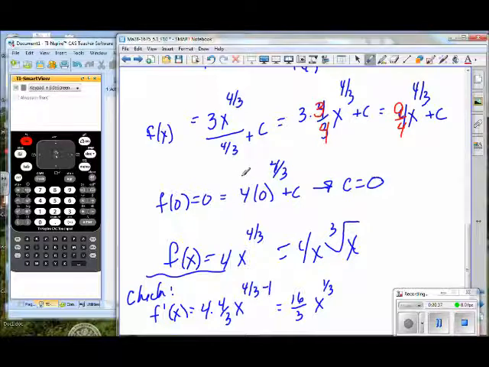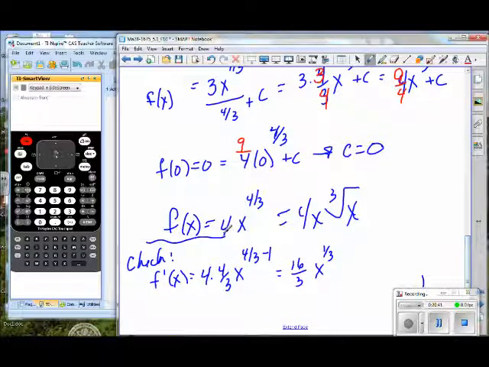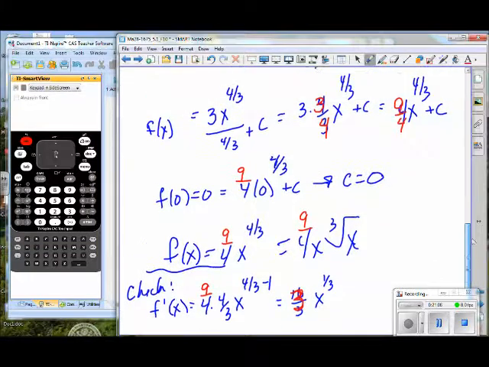Now, that isn't going to change a whole lot. C is still going to be 0, but we should have 9/4 here and 9/4 here. And so when I come down here and I have 9/4 times 4/3, my 4's would cancel, my 3 would come up there, and this then becomes my 3x to the 1/3.